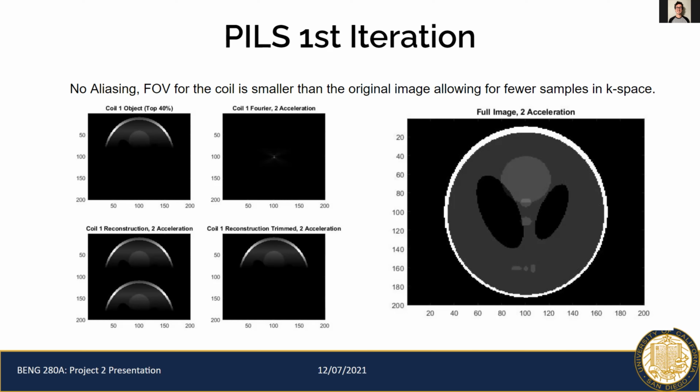Then using just the general knowledge of where that coil is sensitive to, you can get rid of the aliased portion at the bottom that you know doesn't actually exist. If you repeat that for all 6 of those coils, you can reconstruct that full image with an acceleration of 2, taking half the points in K-space.